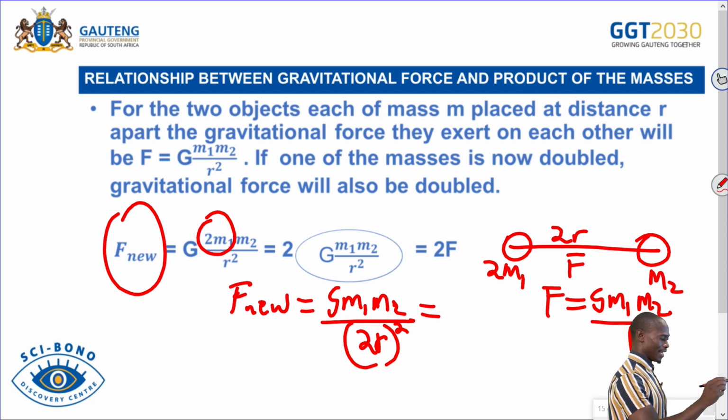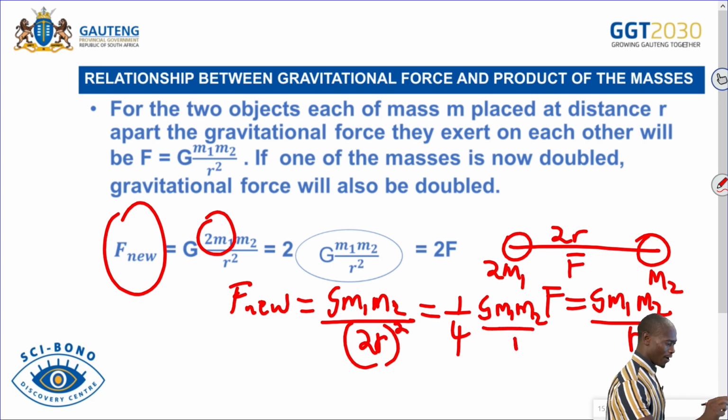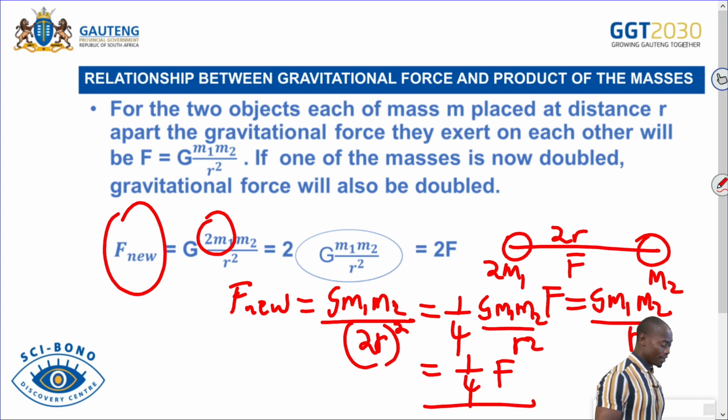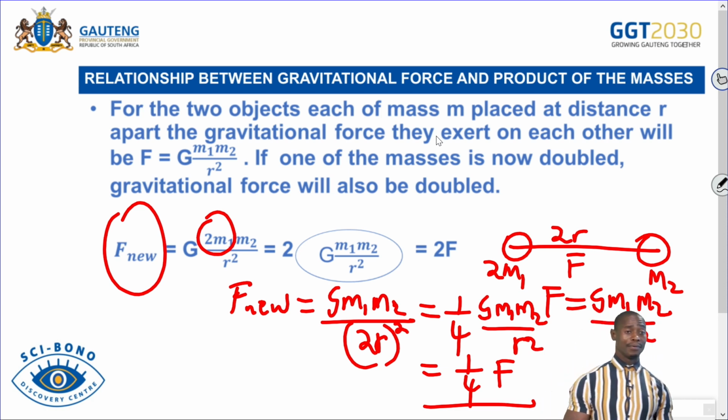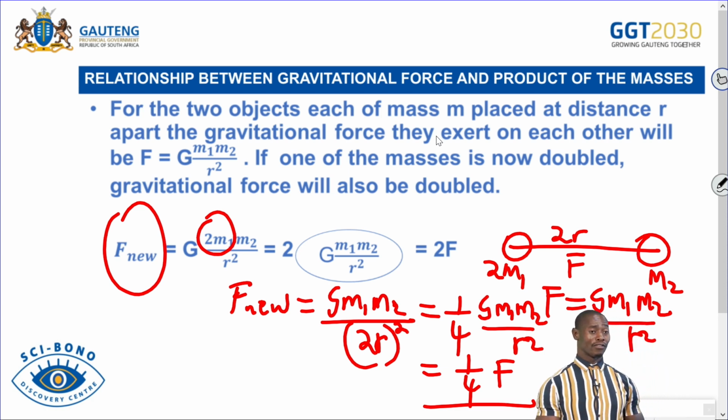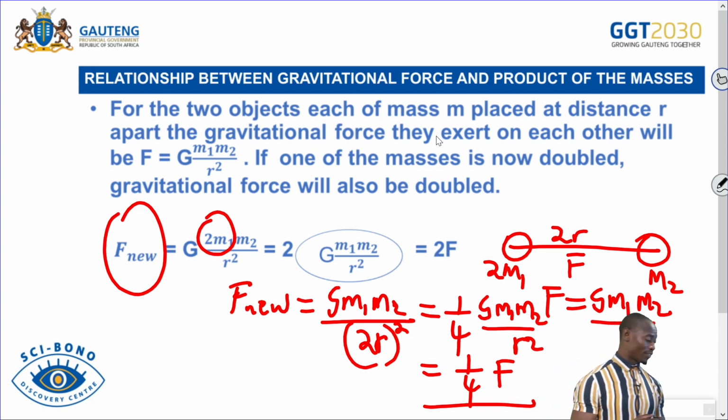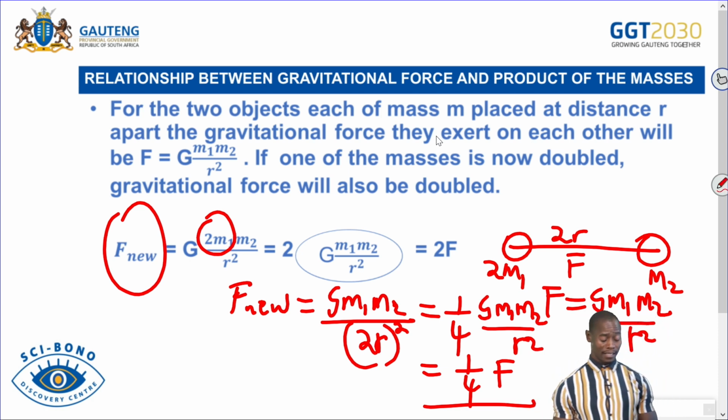Then I will have 1 over 4 G m1 m2 over r squared, okay? Then this is the same as 1 over 4 F. So it's a mathematical relationship between the gravitational force and the product of the masses, and also between the gravitational force and the square distance between their centers.